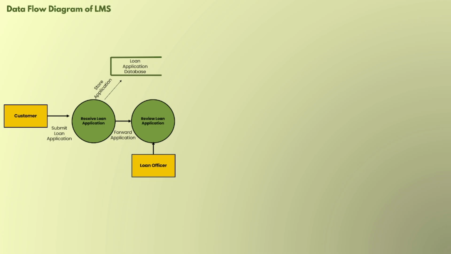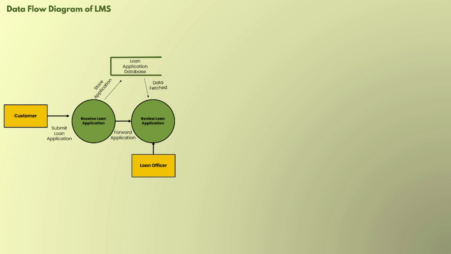The loan officer needs that data because he wants to review the loan application. So he or she will fetch that data from the loan application database. Now you are getting the idea of how data comes into the database and how data stored in the database is used by someone else.